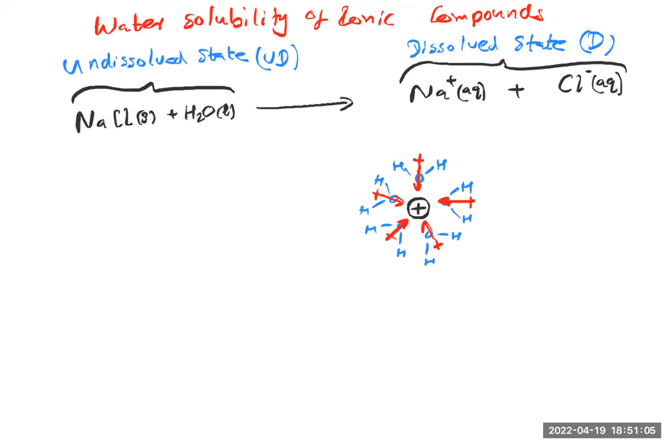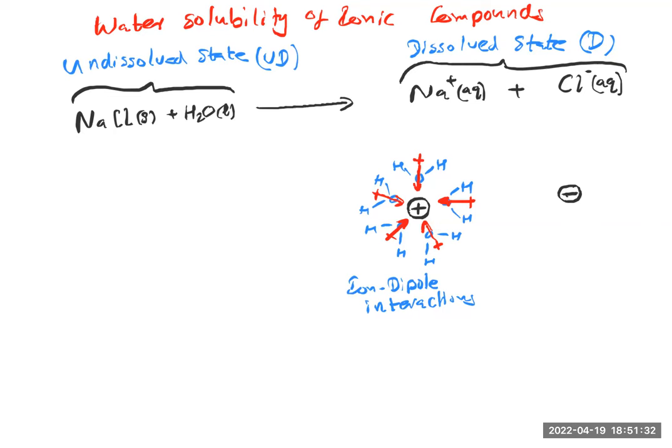The same thing happens with the negative charge as well. We have the negatively charged ions, or the anions, in this case chloride, and they are going to get surrounded by water molecules.